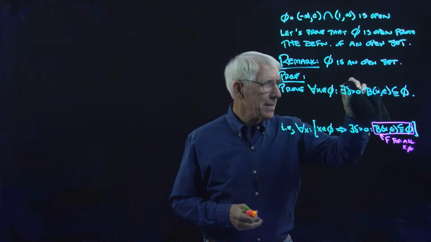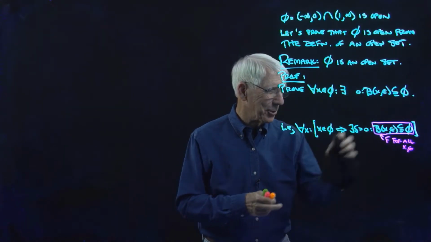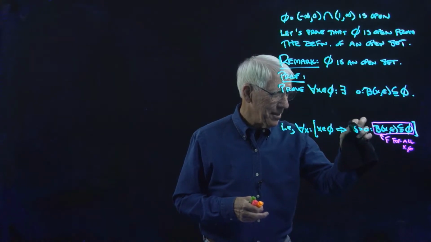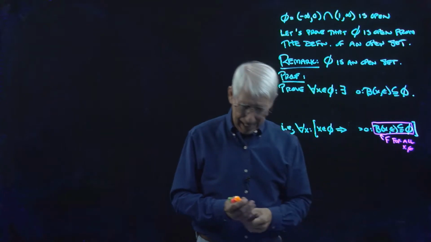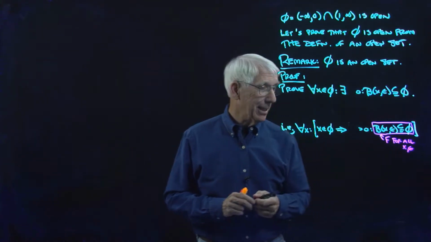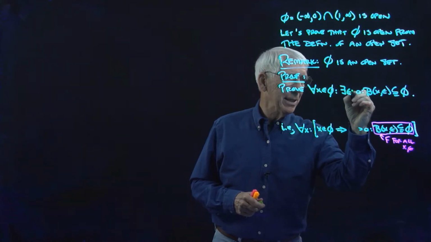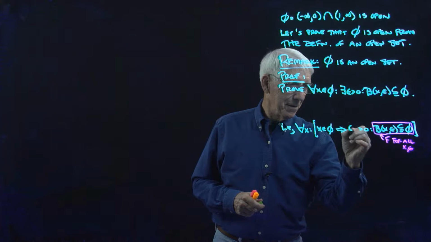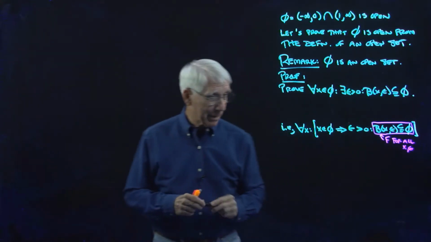So this should say, of course, that there exists an epsilon greater than 0. And this should say there exists an epsilon greater than 0. So good thing we caught that mistake there. Well, I guess it was inevitable we'd catch it once we start talking about that particular item. Okay, now we got it right.